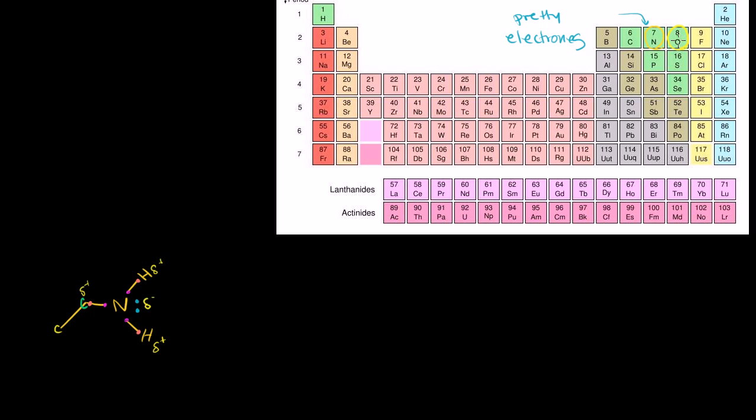And oxygen is even more electronegative than nitrogen. So these partial charges are even stronger. So that's why hydrogen bonding is even stronger in the case of things that have oxygen in it, like alcohol or water.